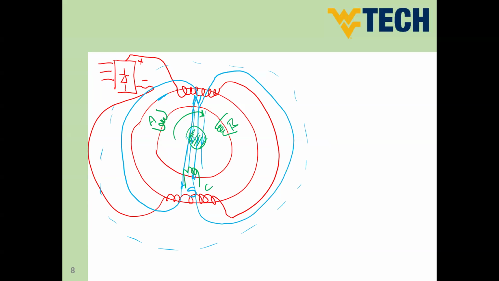So what will happen is phase A here will be cut by the field lines and rotate and come to the other side here to be cut by the field winding, but from the south side, not from the north side. So for every winding, guys, we will have AC supply. So this is A, and you will have B and C shifted by 120 degrees from the first phase.